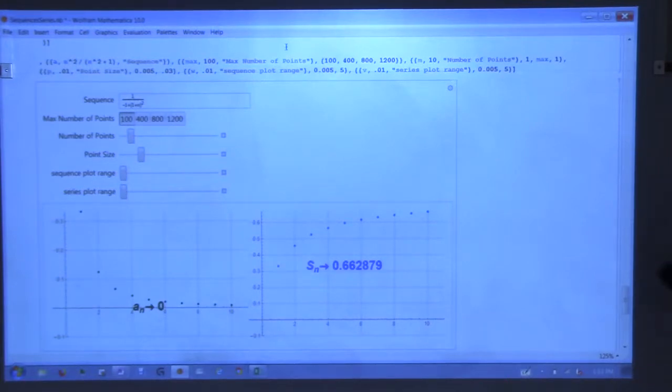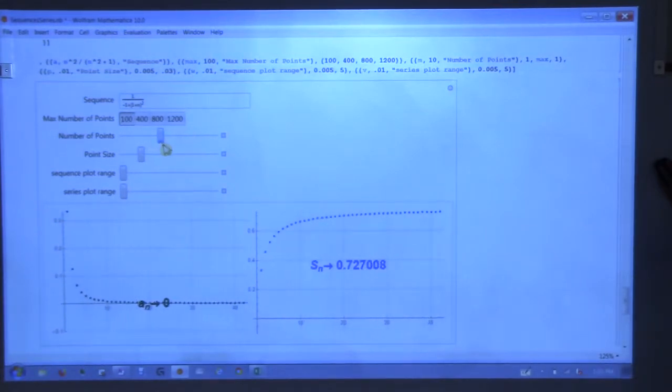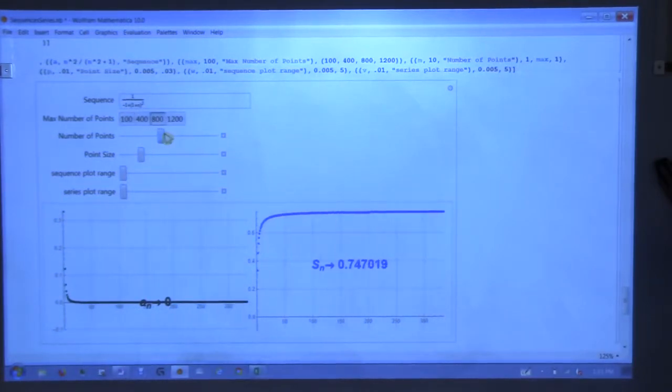So we did this before in class, right? I showed you here's the sequence. It gets smaller, it approaches 0, which tells us nothing. But as we start to do more and more points, we can see the sum. Look at it over here: 0.72, 0.73, 0.74. I've only gone out 100 terms. Let me go out 800 terms. 0.747, it's starting to slow down.